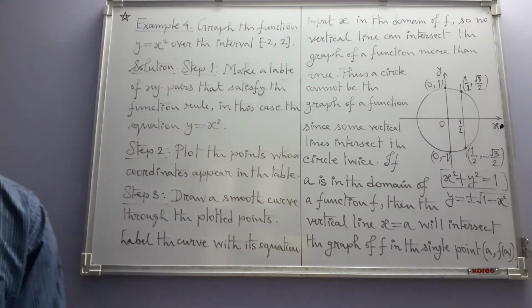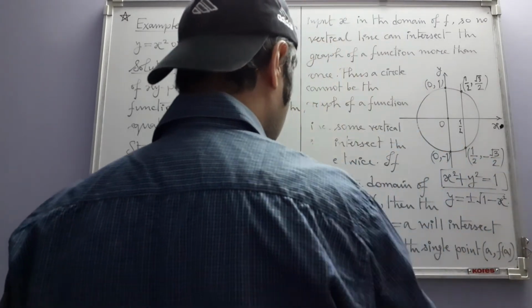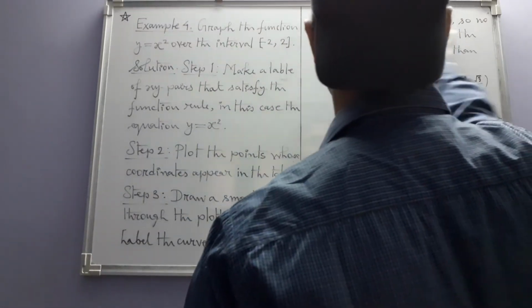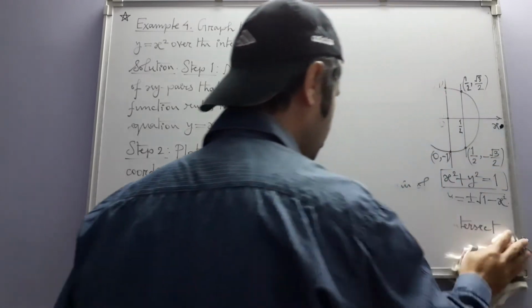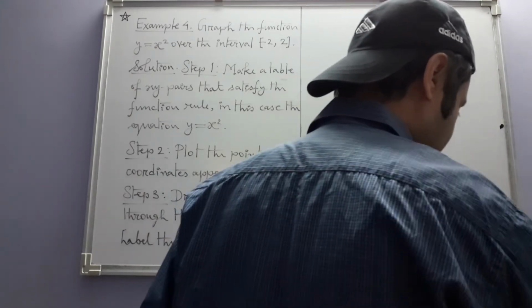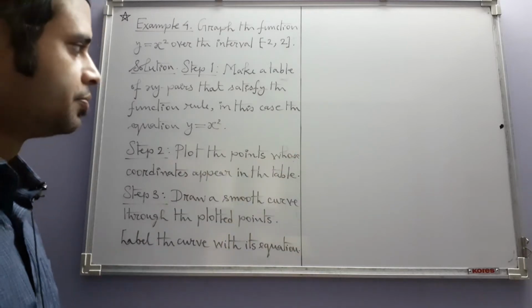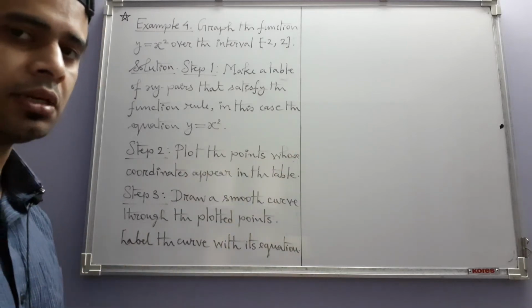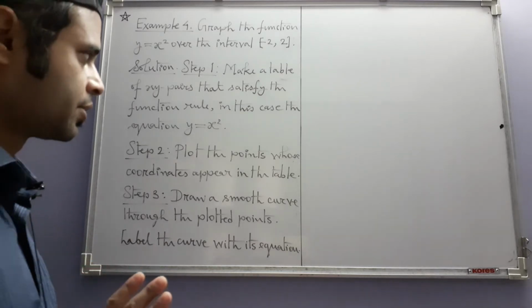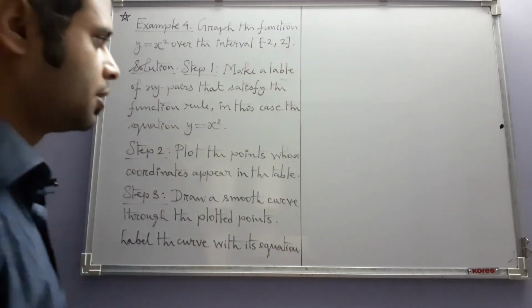Okay, so let us do this now for our given function, which is the square function considered in this interval. That is, we have restricted the domain. We know that the function y equal to x square, or f(x) equal to x square, has its natural domain the entire set of real numbers, because if we take any real number as input, we get a unique real output y, which is x square. But we have chosen to restrict the domain to this subset of the real numbers.